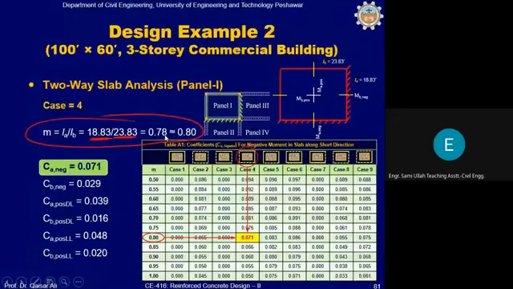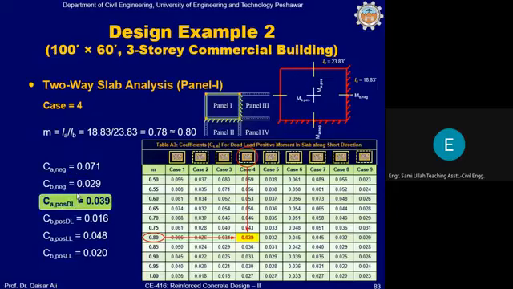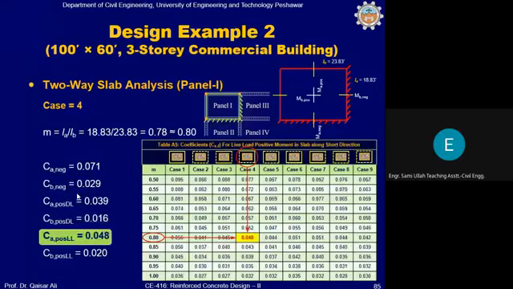It is 0.78, so almost equal to 0.8. So for panel 1, these are the coefficient values: CA negative, CB negative, CA positive for dead load, CB positive for dead load, CA positive for live load, and CB positive for live load.